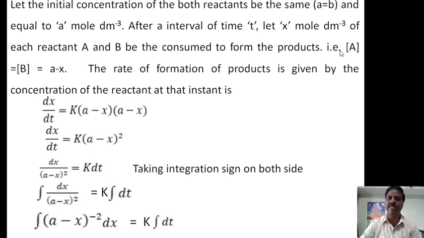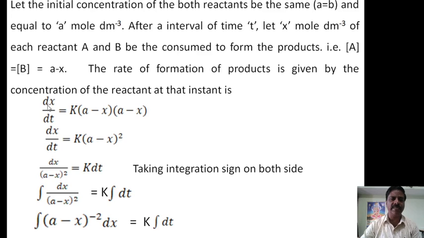Therefore, after time t, the molar concentration of A is equal to the molar concentration of B, equal to a minus x. The rate of formation of the product is given in terms of the concentration of the reactant at the instant. Therefore, the molar concentration of A equals the molar concentration of B equals a minus x, which can be put in equation number 1.